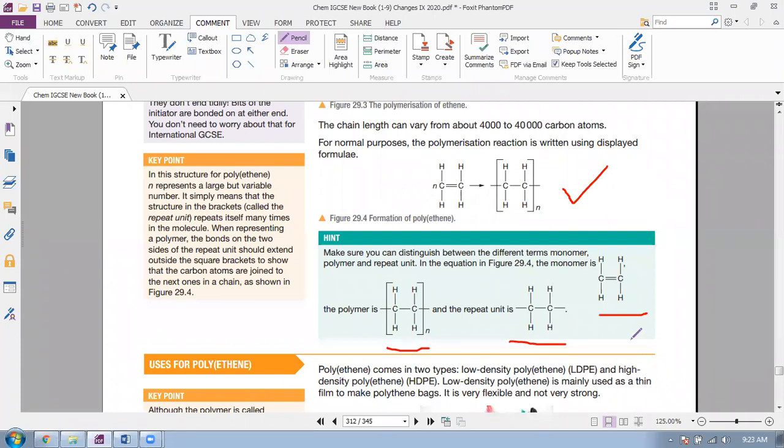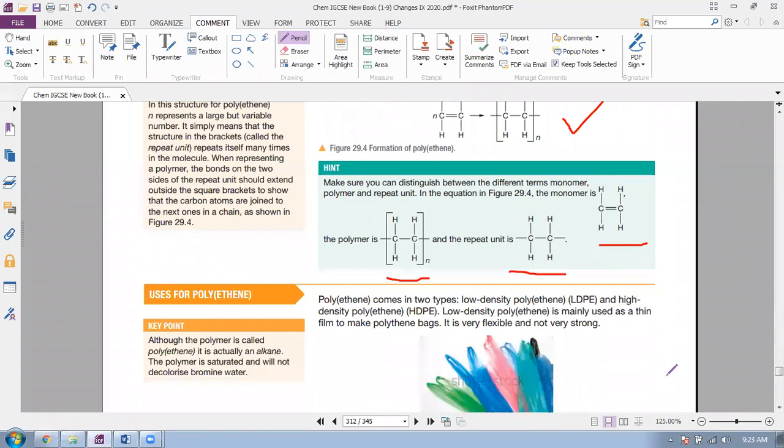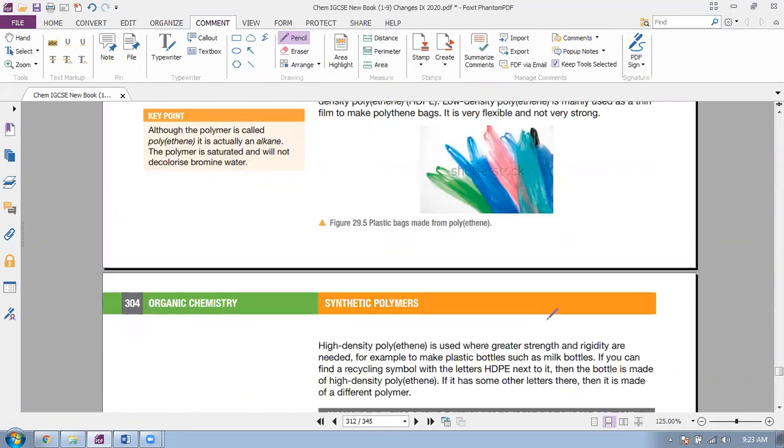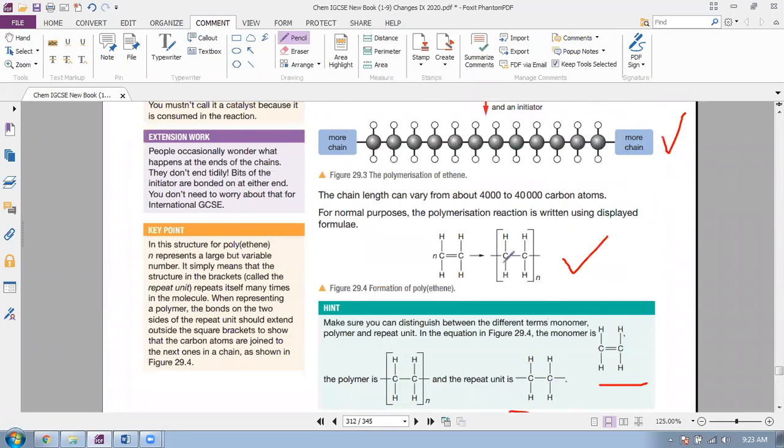So polythene is very important to make polythene bags. It is flexible and very strong. You can see the polythene bags here. And there is no double bond in the polymer.